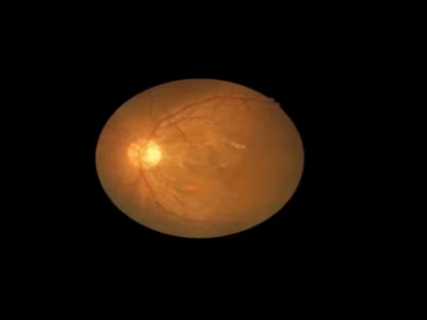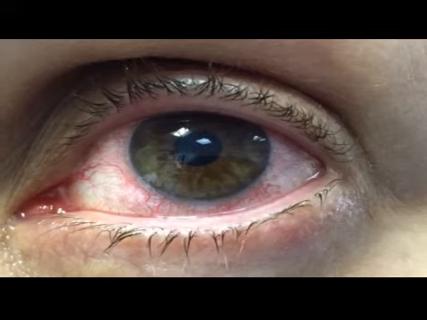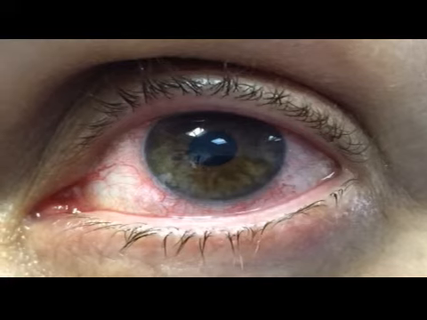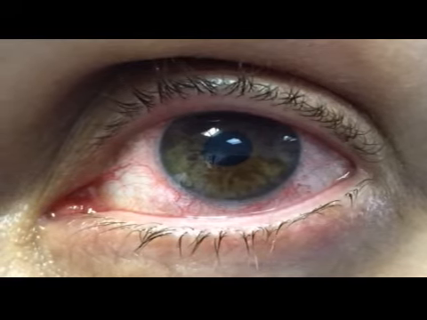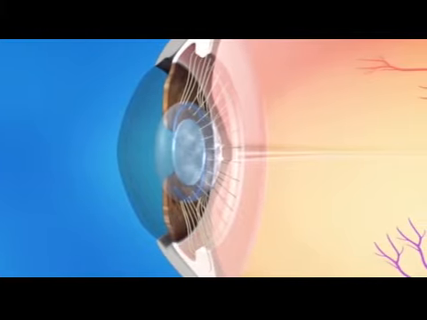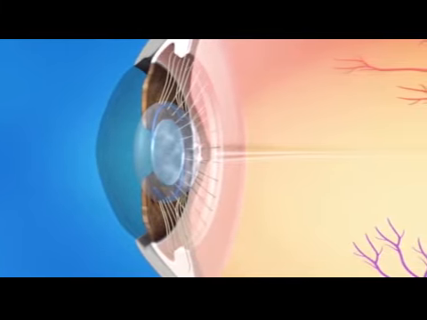Diabetes is associated with the development of secondary cataracts. Inflammatory disease of the eye, such as iritis or uveitis, may cause or accelerate the development of cataract in the involved eye. There are many genetic illnesses that are associated with the development of secondary cataracts.